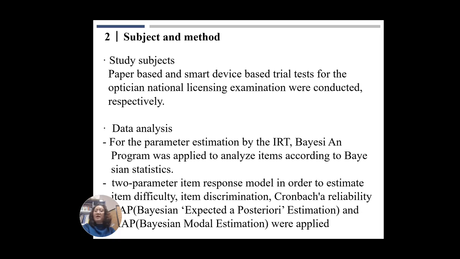The program can analyze the one-parameter item response model and the two-parameter item response model. This study selected the two-parameter item response model in order to estimate item difficulty, item discrimination, and Cronbach reliability.